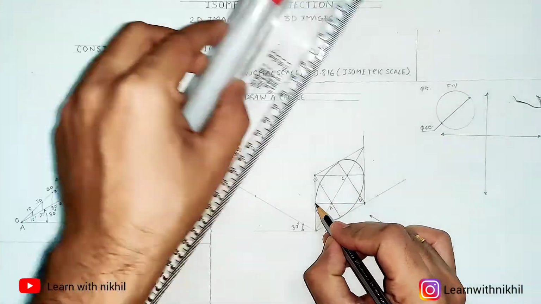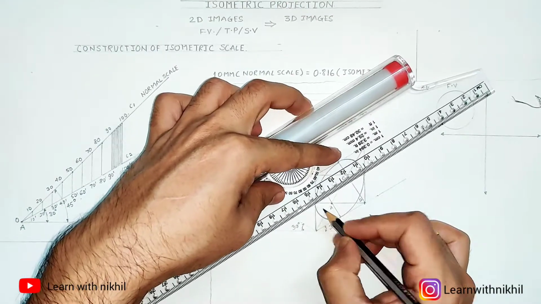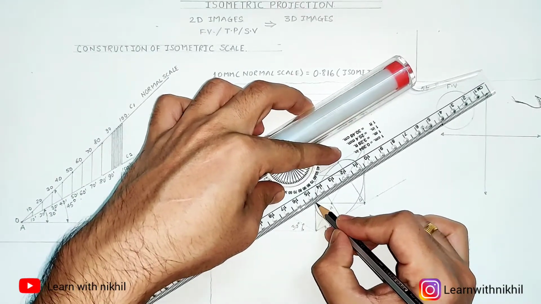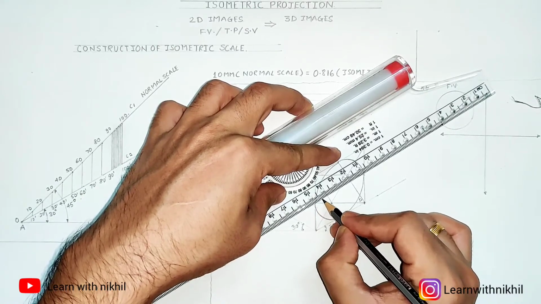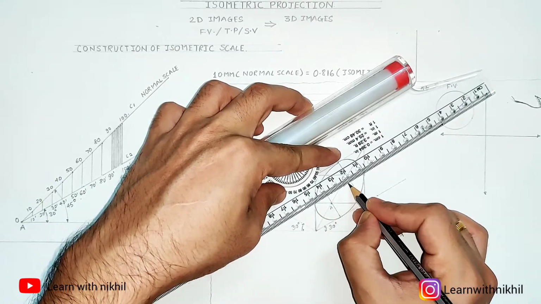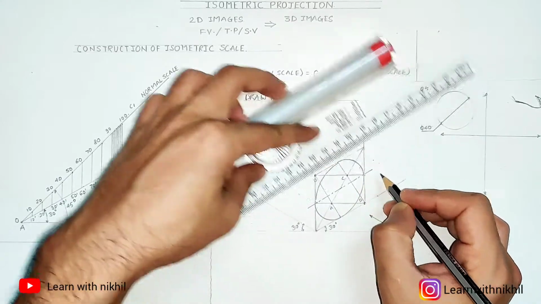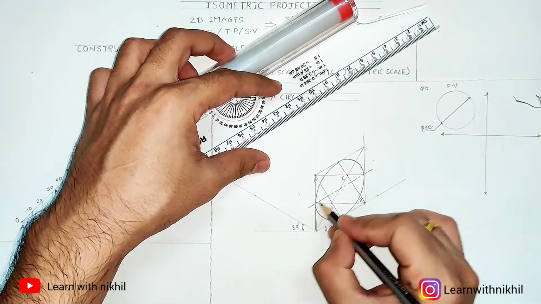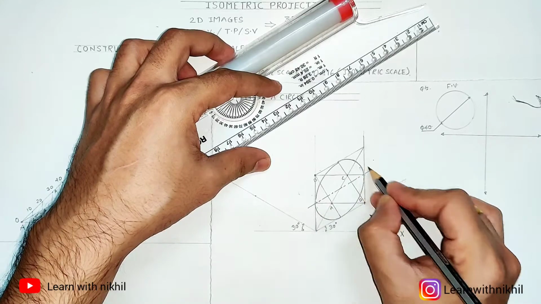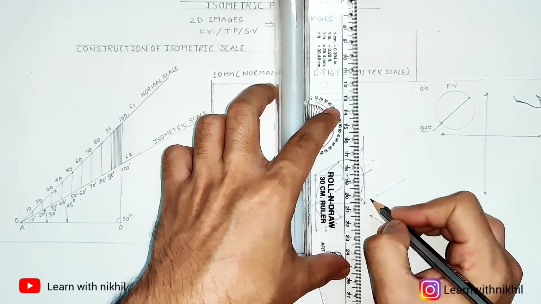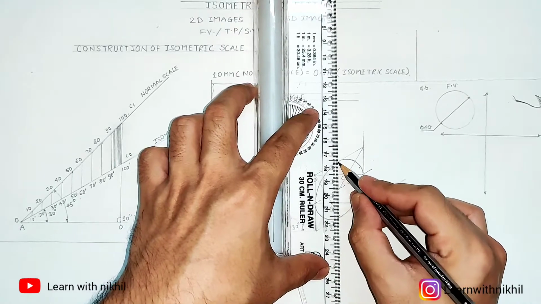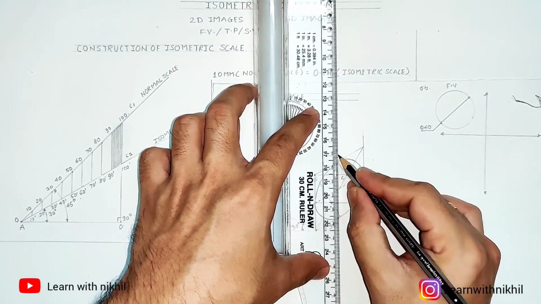So the whole circle is made using 4 points, and the semicircle, if you want to make, is made using only 2 points. Now the semicircle, if I want to mark, I'll just draw the center line. So these are the 2 halves, and this is the straight center line.